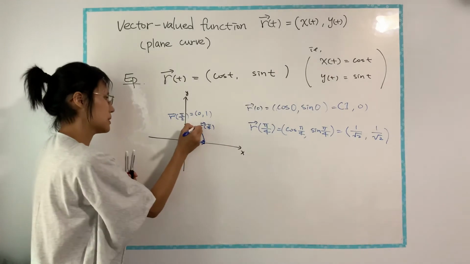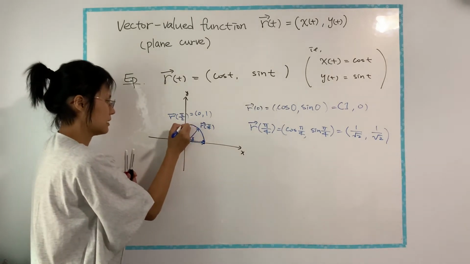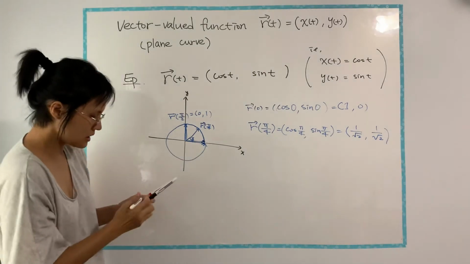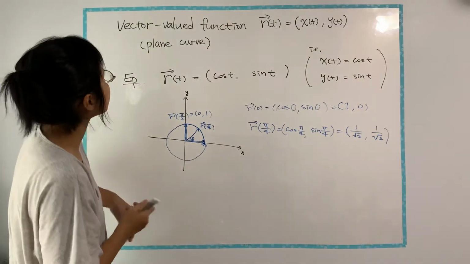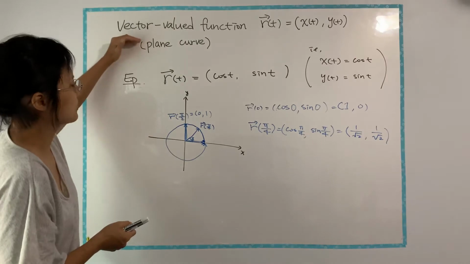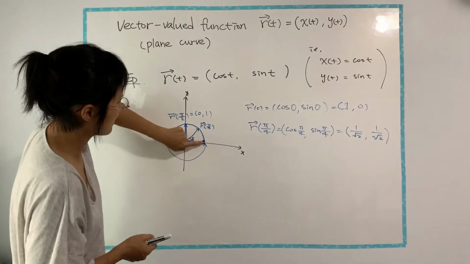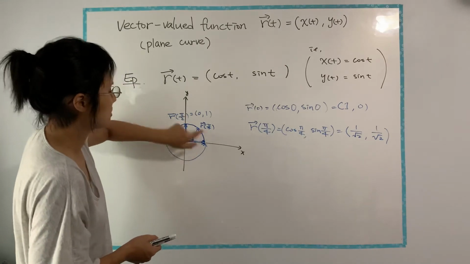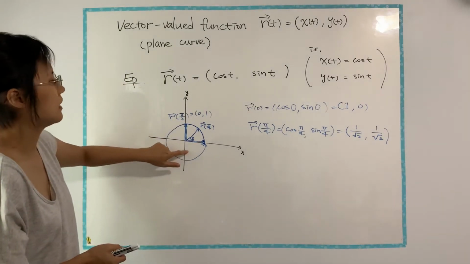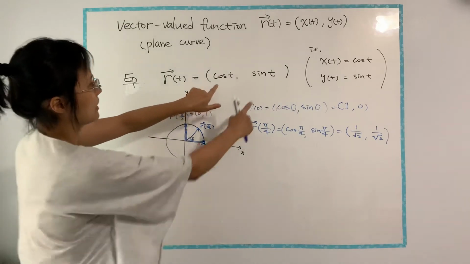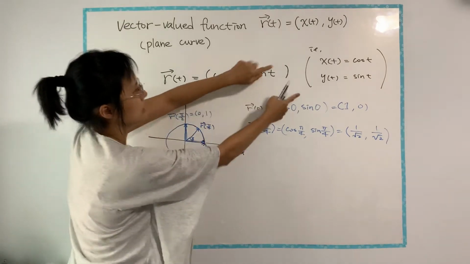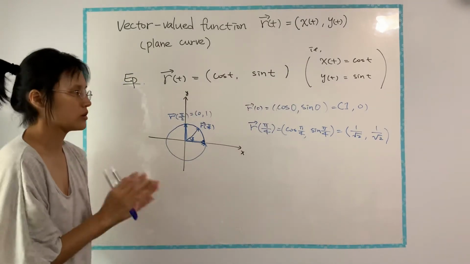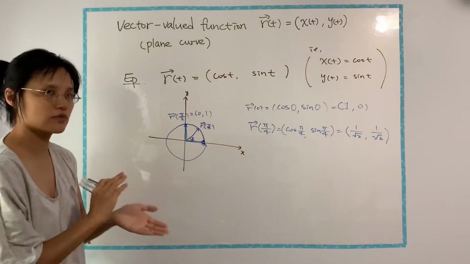So it keeps going like that and then goes like this. So you can see that the vector valued function, if I look at the trace of the tips, gives me the curve that's given by these parametric equations. So this is like we're looking at two sides of one coin.